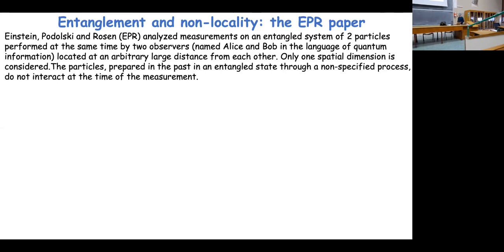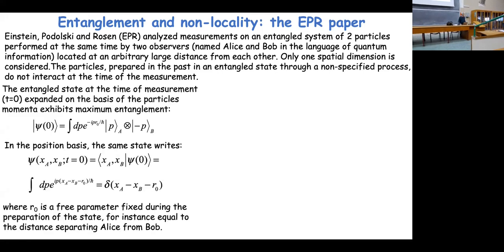So what was the problem that Einstein, Podolsky, and Rosen discussed? They considered 2 particles, for example, an electron and a positron, 2 particles which are in an entangled state, very simple in principle, described by the equation that I have shown here. You see, if the first particle has momentum p, it's a one-dimension problem, so it's very simple.